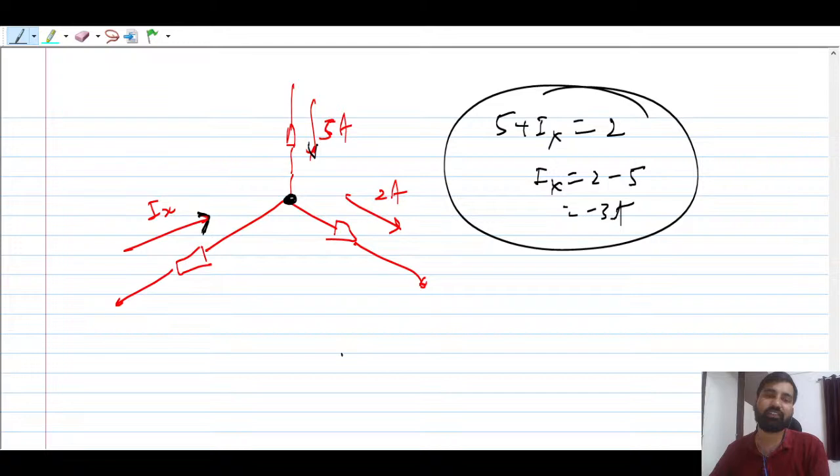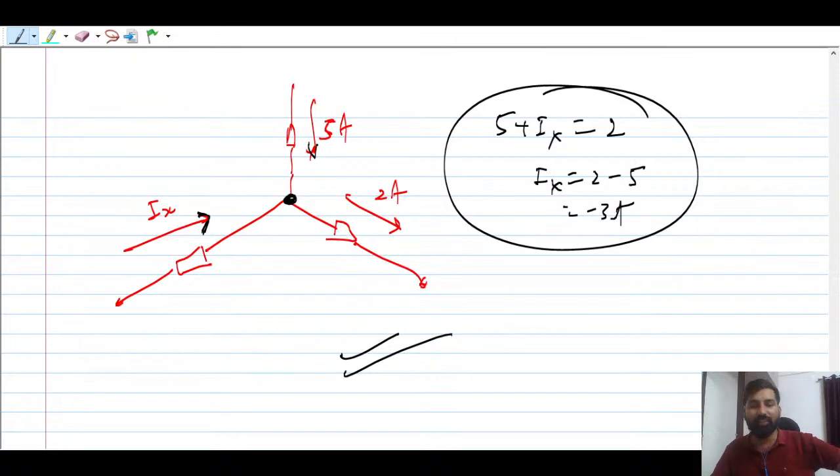So please remember this technique. Don't complicate your brain. While applying KCL, suppose current directions are not given in your circuit, you can assume currents. Always consider currents which are moving away from the node, outgoing.